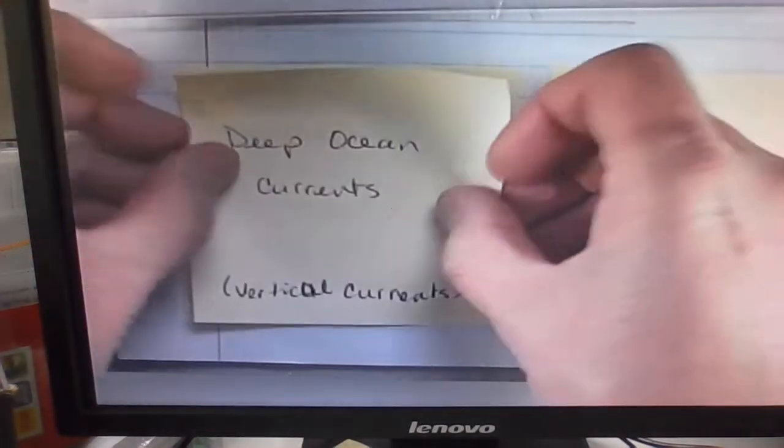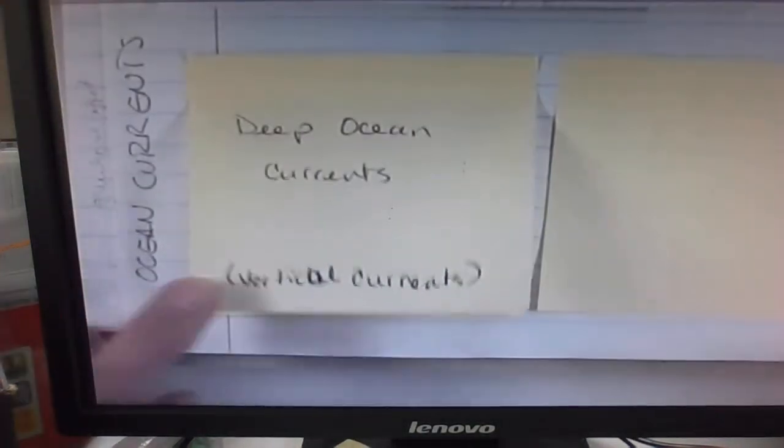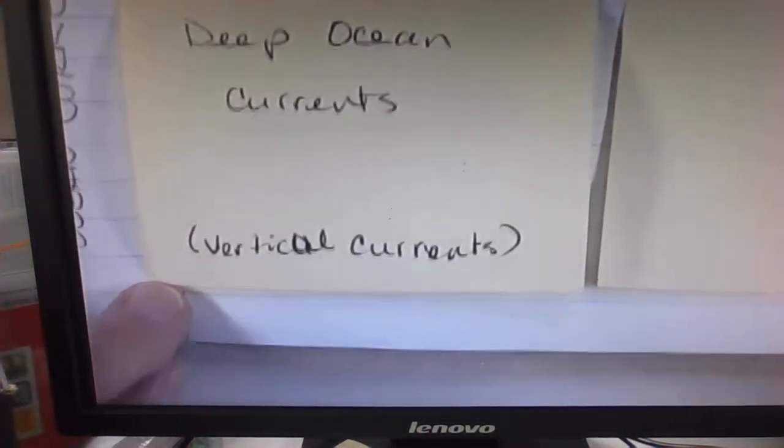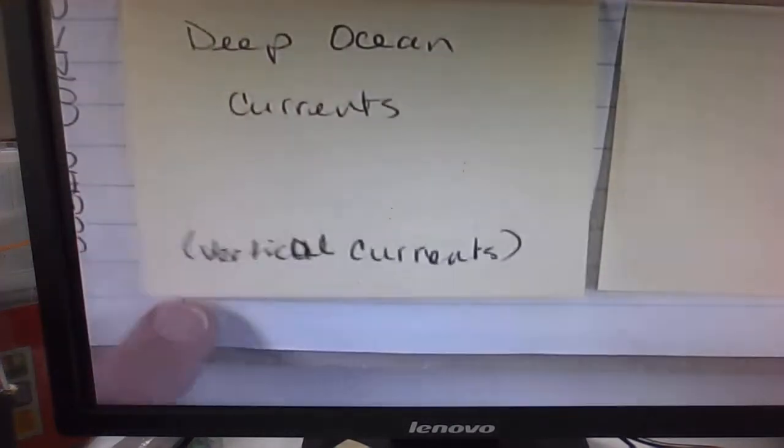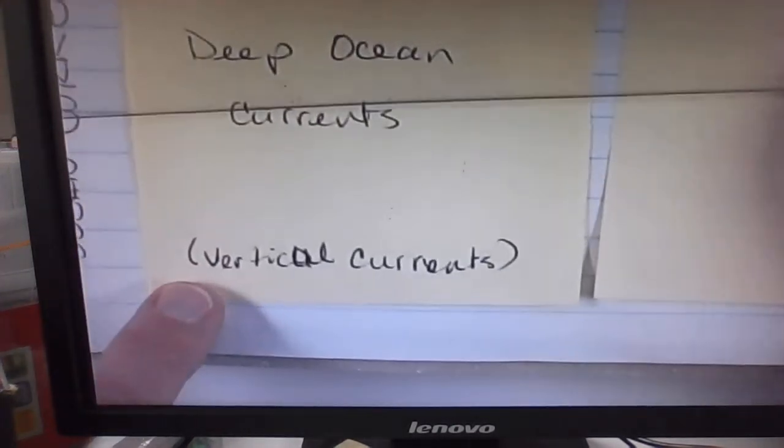Okay, two types of ocean currents that we are going to be looking at. The first one are our deep ocean currents. These are considered vertical currents. V-E-R-T-I-C-A-L, vertical.